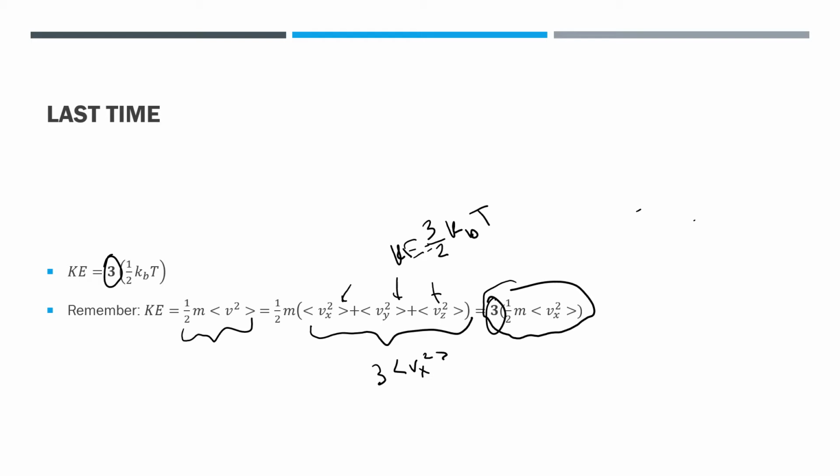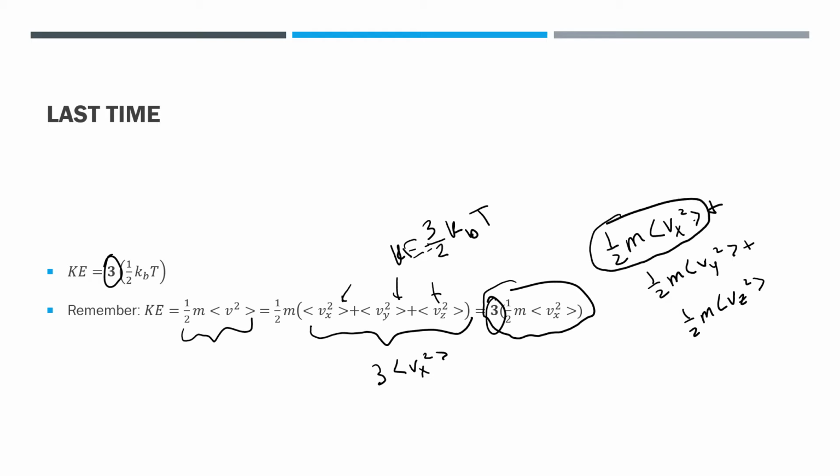If I expanded it out, the kinetic energy can be written as half m vx squared plus half m vy squared, plus half m vz squared. And you can see that the vx direction, the vy, and the vz are contributing equal amounts to the kinetic energy of the gas, right?